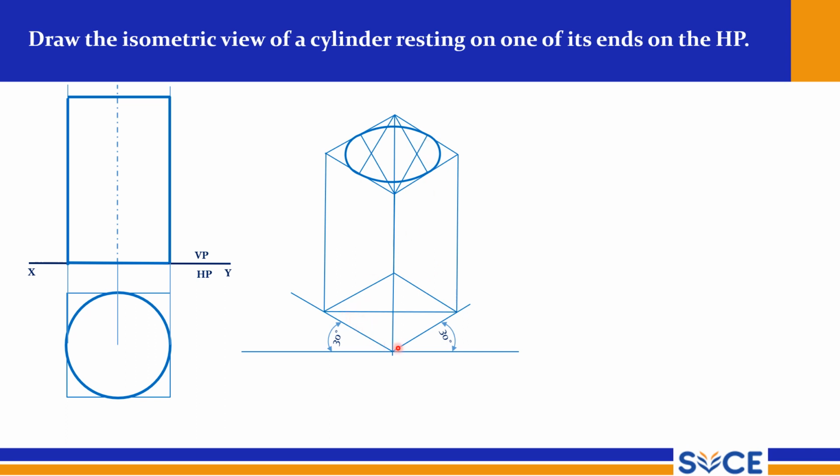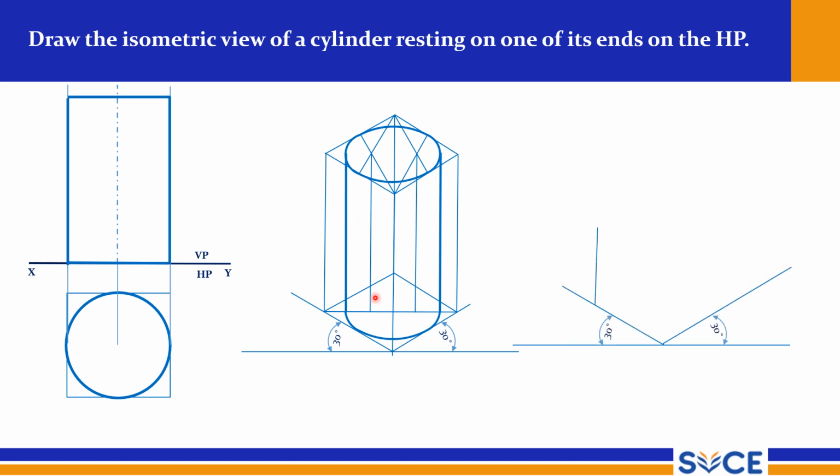Now draw the half circle using the same 4 center method. So now this should be drawn using that 4 center method. So this is resting on its face. And you can draw the vertical cylinder, sleeping cylinder also. Sleeping cylinder should be drawn like this, and this is the visible face, and this is invisible.